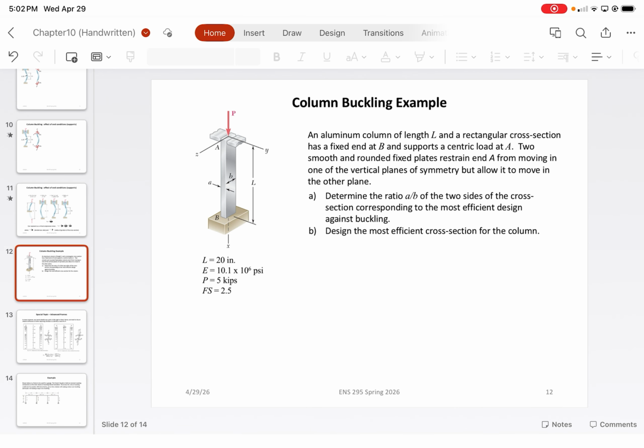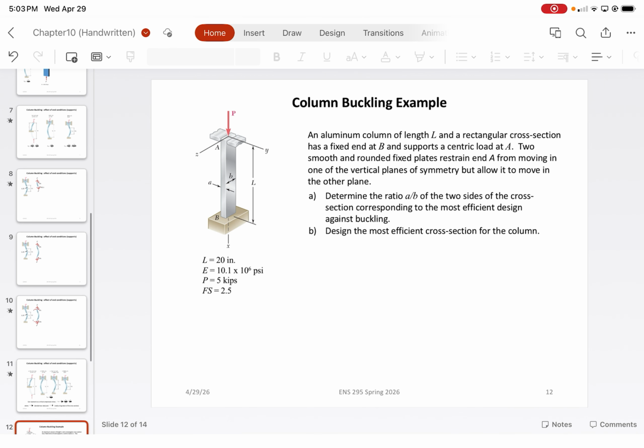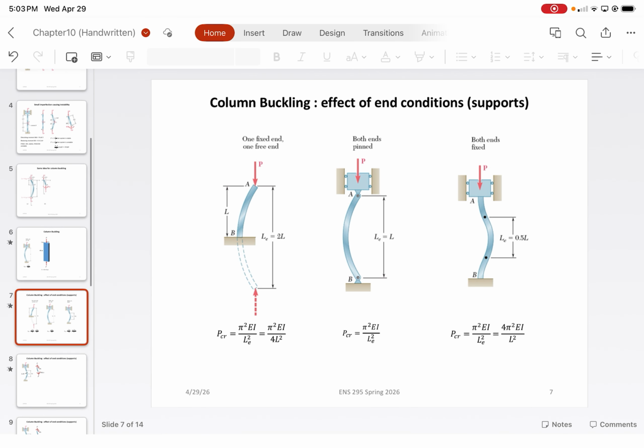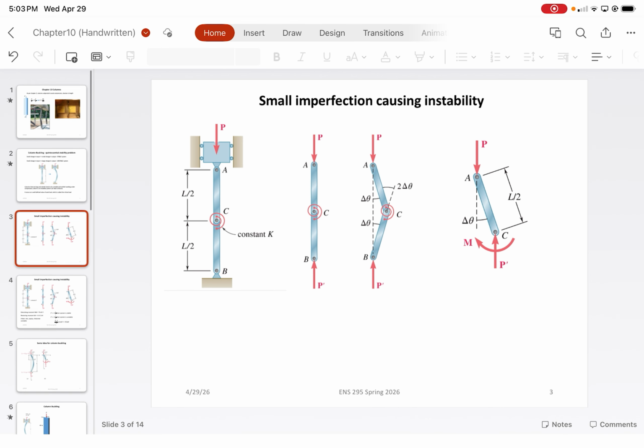So anyways, continuing our conversation about column buckling, let's do a quick recap on how column buckling ultimately works. The idea is that due to some slight perturbation in the geometry of the column, for example, a column being slightly skewed due to some imperfection, a bending moment ultimately results.